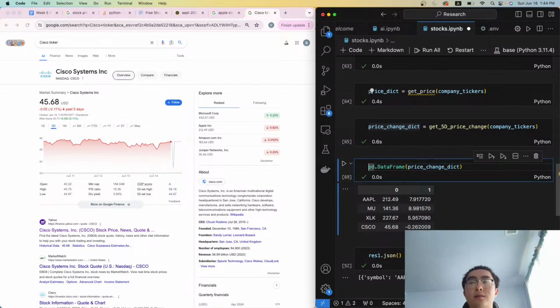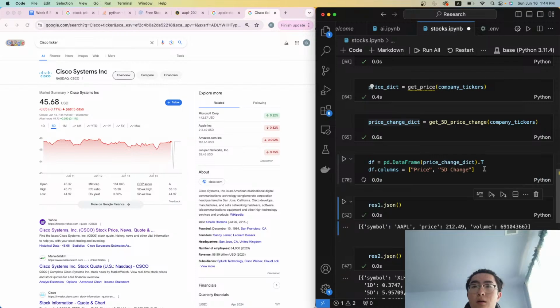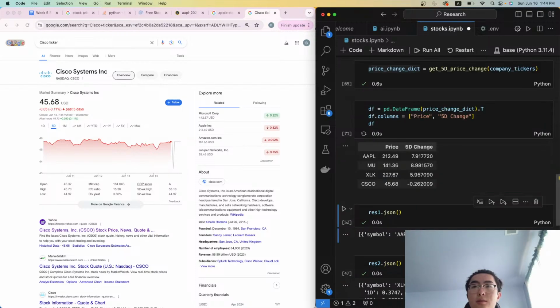Okay. So transpose and df.columns is equal to, call this price, and 5-day change. Let's display df. Okay.